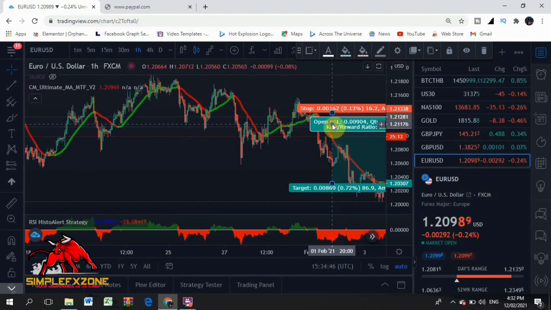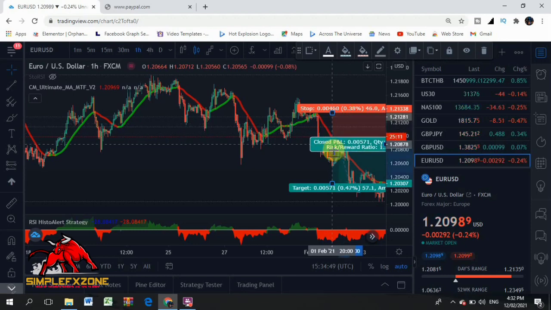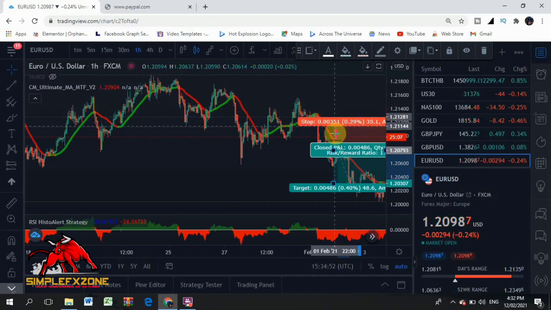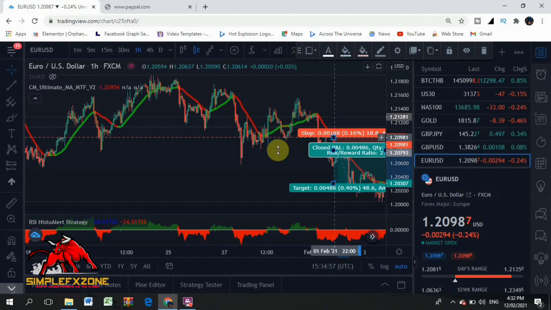You move your stop loss here. You can see we move it here, so you have secured some profit. So even if the market reacts up and down and hits your stop loss, you will still be in profit, but the profit may not be much, but you will still be in profit.